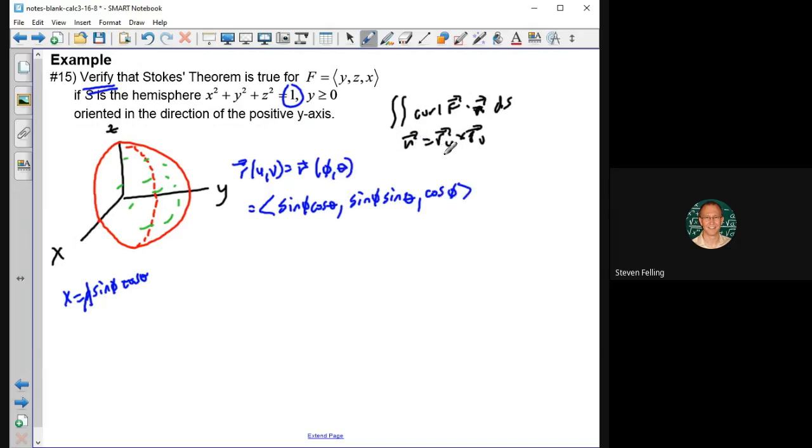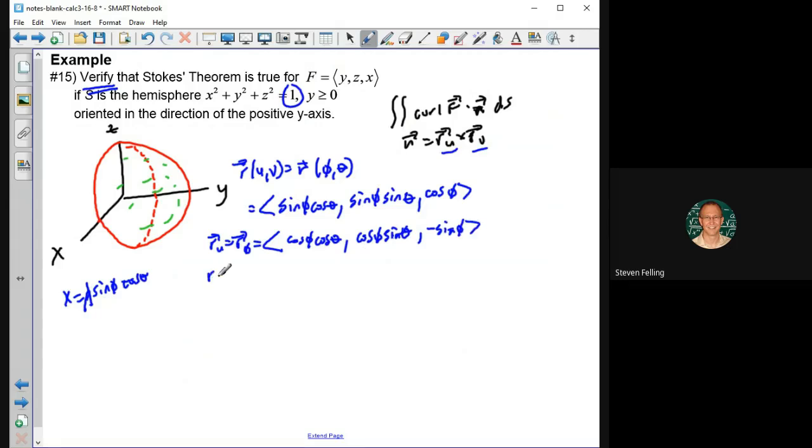Okay, so there's a parameterization. And that means we can take our two tangent vectors. The RU vector in this case would be R phi. So we'd take the partial derivative with respect to phi. The derivative of sine is cosine, so it would be cosine phi cosine theta. And then same here, cosine phi, but this time sine theta. And then the derivative of cosine phi would be negative sine phi.